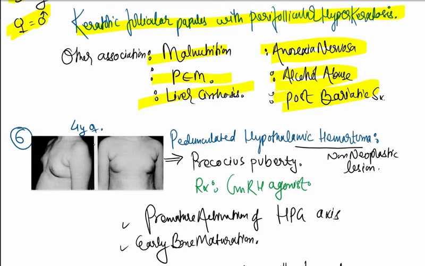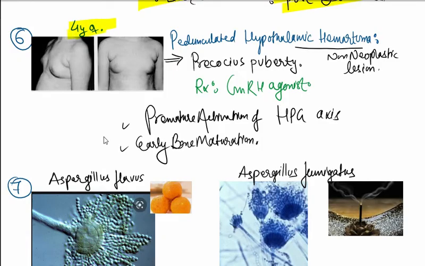Next point. So this 4 or 5 year old child is having precocious puberty. And the MRI in the same patient is showing a pedunculated hypothalamic hamartoma.